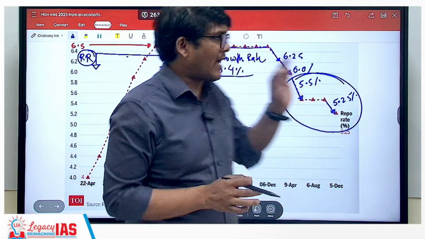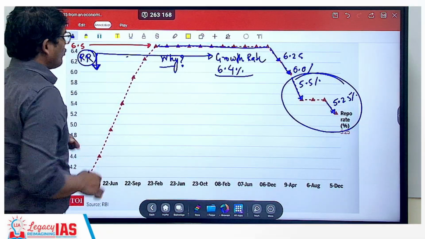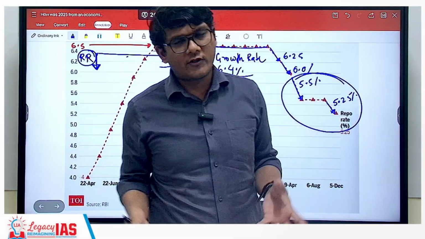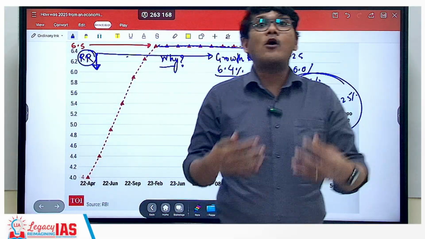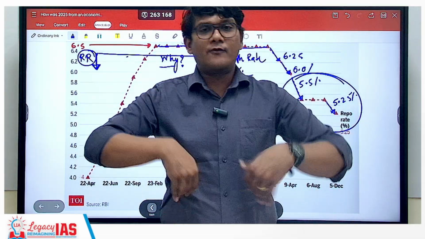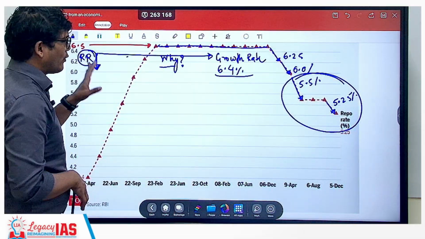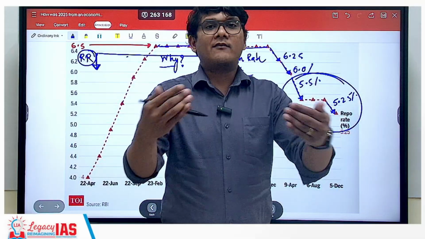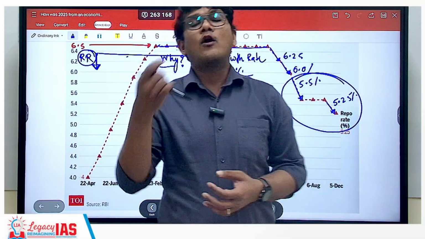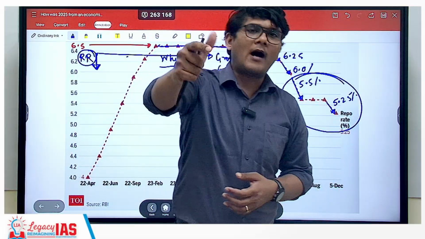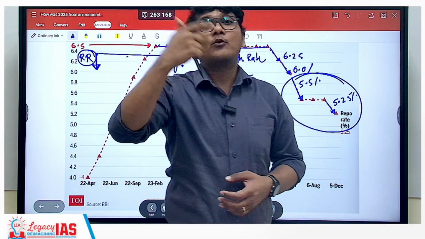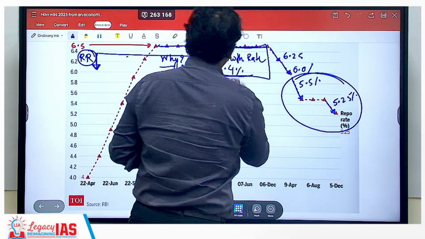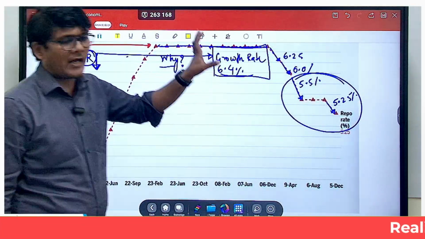As a result, the RBI decided to lower this repo rate so that more and more banks borrow money from the RBI and have more money to give to us when we take loans. This reduction in repo rate is also going to reduce the interest rates in the economy. So the interest rates of loans will come down and we will start taking more and more loans. That means more money in our hands, which means more demand. More demand means the supply side will try to increase production, and more production means a higher GDP growth rate.